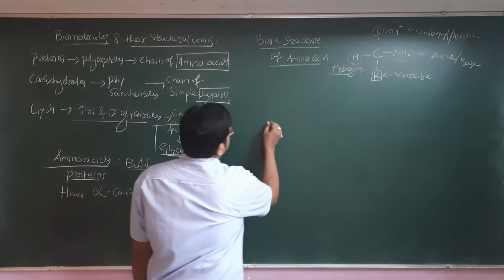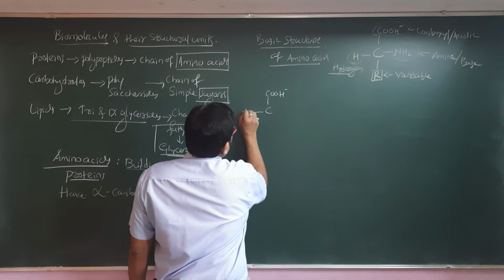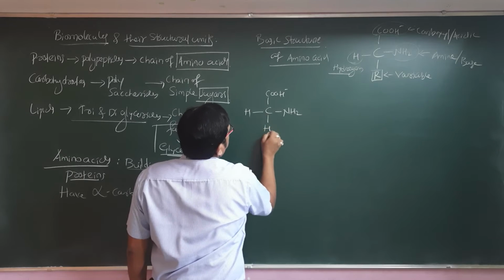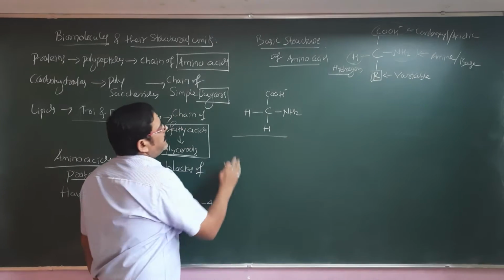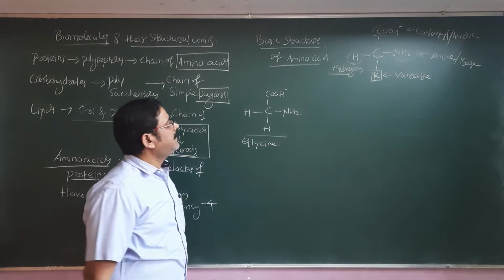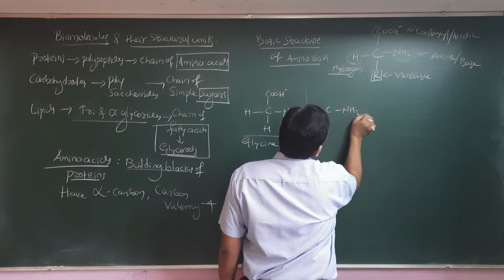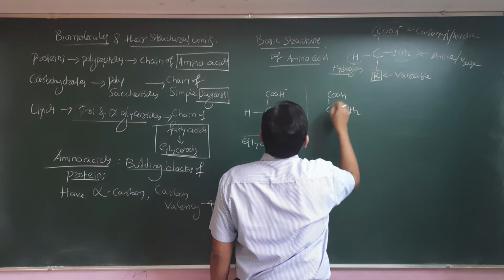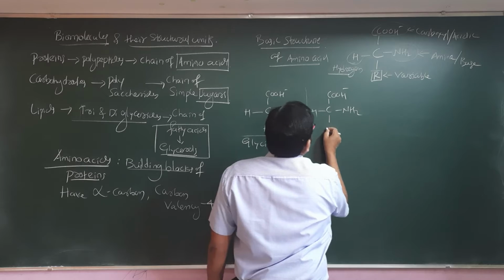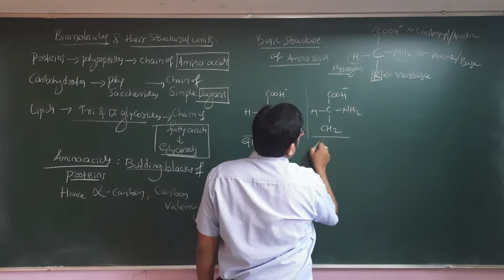Let me tell you here, the carbon, COOH, the hydrogen, and then the NH2, and here a hydrogen comes. Now this amino acid is called glycine. In another case, the carbon, NH2, and then COOH, and here again the H, and if a CH2 group comes here, then it becomes alanine.